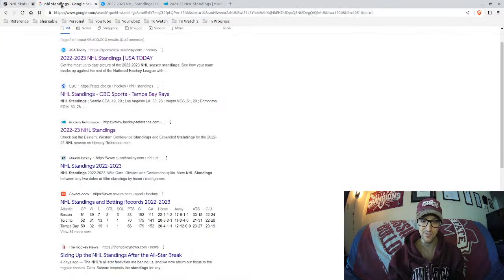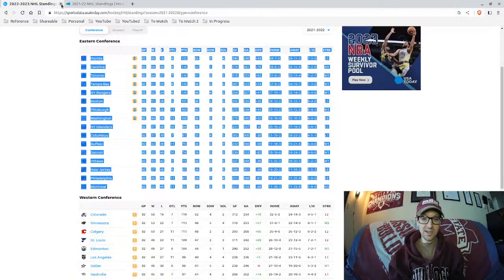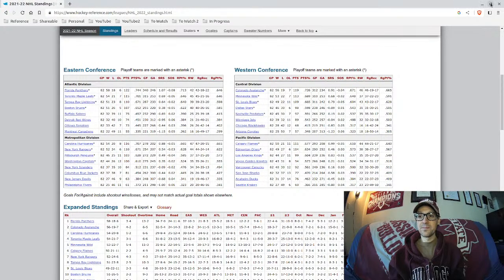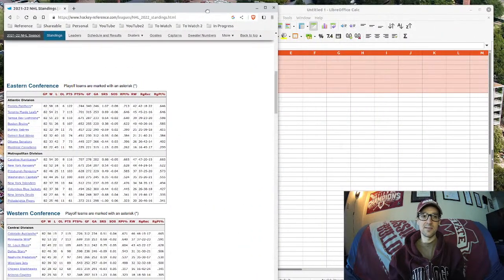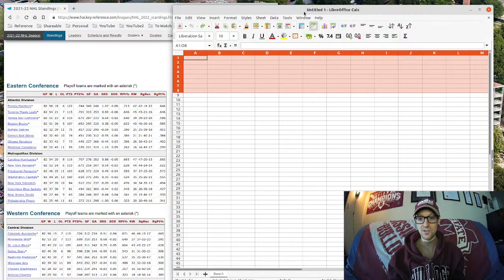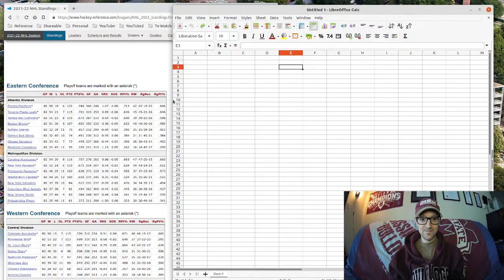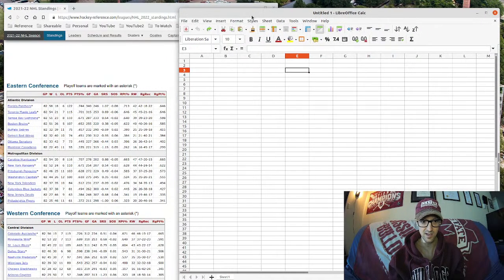This is going to save a chunk of time because otherwise I would have to cross-reference who made the playoffs, and then it's just totally not efficient. So this one, it's going to have a bit of copying and pasting, but it's fine.